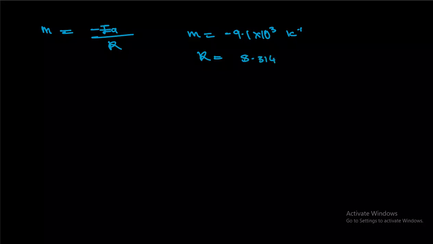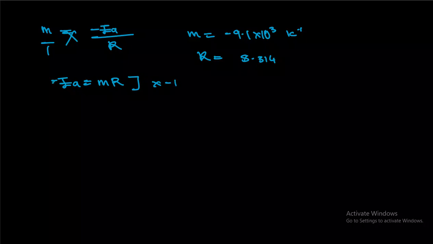So you can find the activation energy very simply. You cross multiply. So activation energy is going to be equal to the slope multiplied by the gas constant. To get rid of the negative, we multiply the whole expression by negative 1.